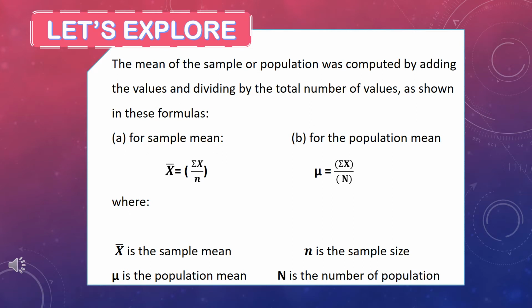So, the mean of the sample or population was computed by adding the values and dividing by the total number of values as shown in this formula. So, we have mean is equal to summation of x over small letter n.